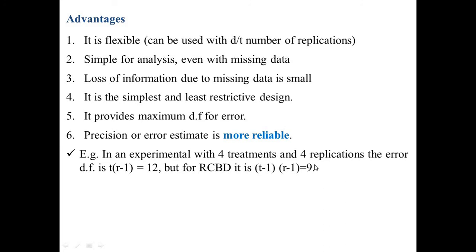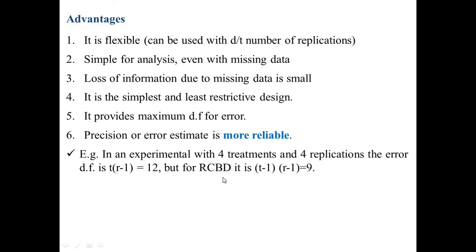In such cases, the error degrees of freedom for CRD is larger than that for RCBD. Because of this, the precision becomes larger when we calculate mathematically from the ANOVA procedure.